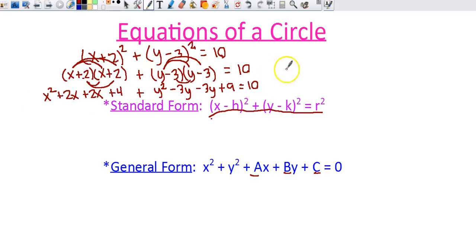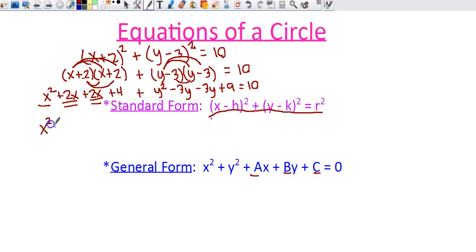Now we just made this a heck of a lot more complicated, but what we want to do is combine like terms and get it to look something like this. Looking at your x squared, there is no other x squared. If you look at your 2x's, those combine to 4x.